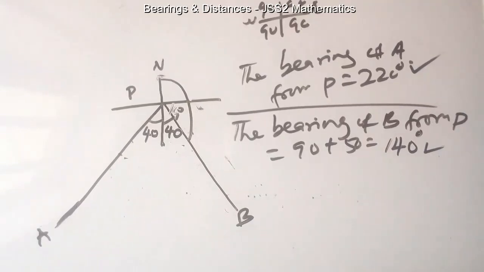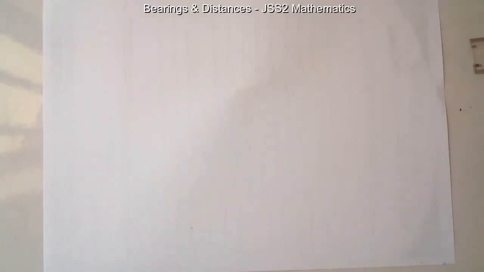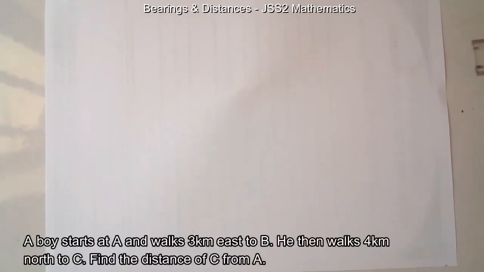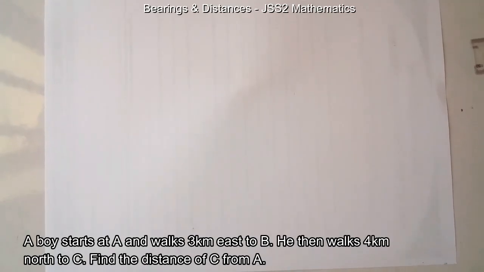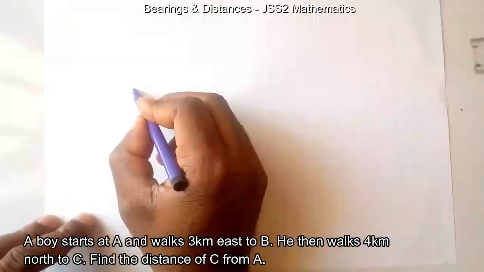I hope you understand. This one: a boy starts from point A and walks 3 kilometers east to point B. He then walks 4 kilometers to C. Find the distance of C from A. This is the starting point.